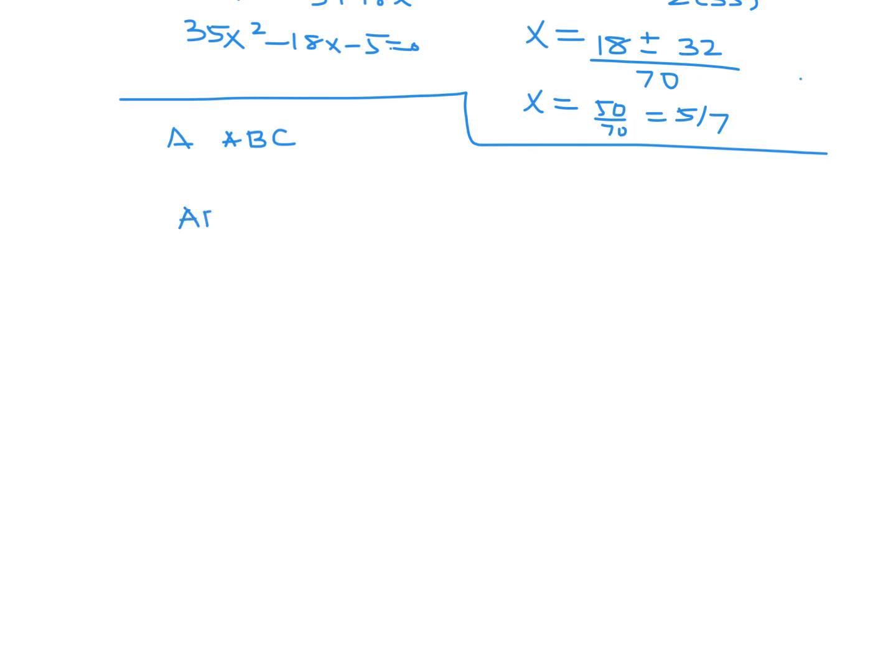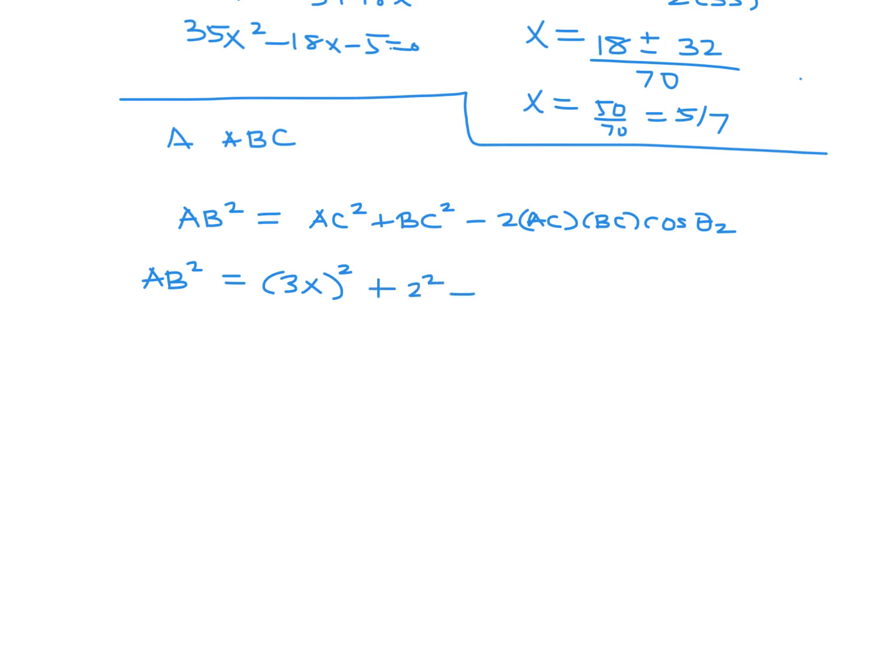AB squared would be AC squared plus BC squared minus 2 times AC times BC times the cos of that theta 2. AC was 3x, BC was 2, so minus 2 times 3x times 2, and then cos of theta 2.